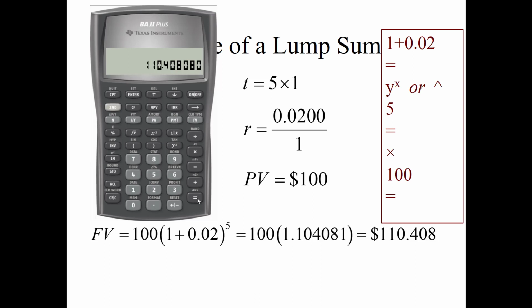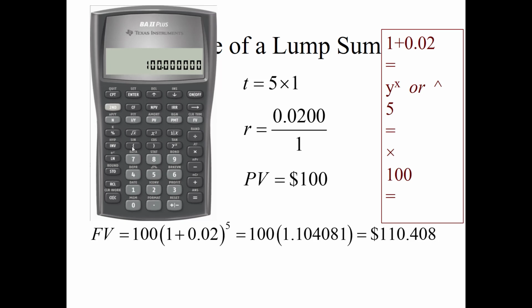The second way would be to use our parentheses on our financial calculator. So if we clear this value, we could take our present value of $100 and multiply it by a quantity using our open parenthesis. And now we want to make sure that we include everything that we're going to multiply our present value by.